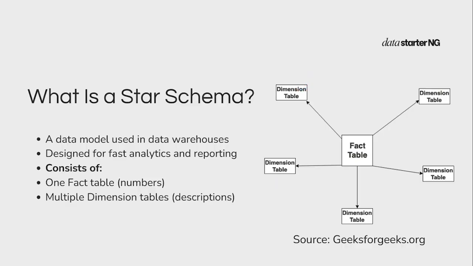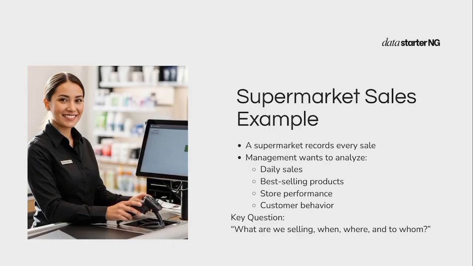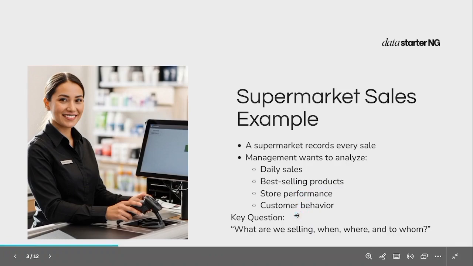Here's a simple example, a supermarket sales example. A supermarket records every sale, and the management decides to analyze the daily sales, best selling products, store performance, and customer behavior. Here's the key question they want to answer: what are we selling, when, where, and to whom? Pretty simple. And here's an example of a fact table.